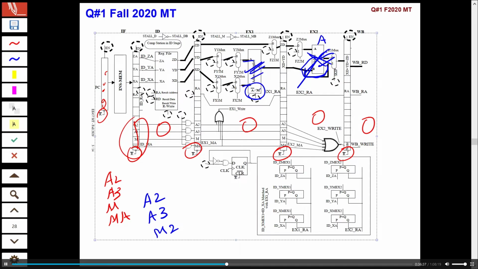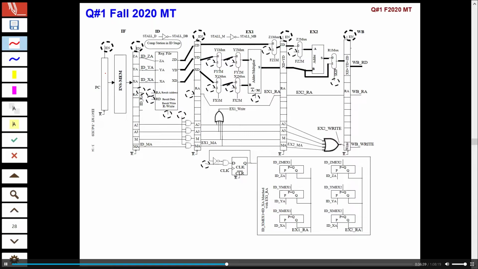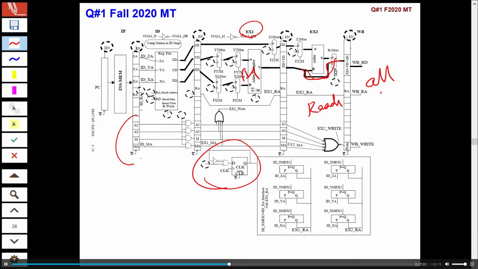Okay, that makes sense. Now let's continue. So once again, what are the complexities? There's a multiplier who needs one extra clock in EX1. Since some seniors do not do anything here, they are ready to help. All seniors are ready to help. Seniors who skip, okay, what are the names?